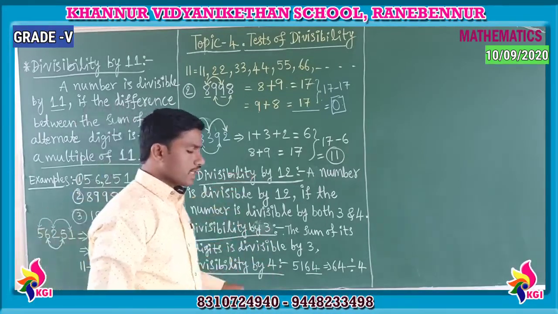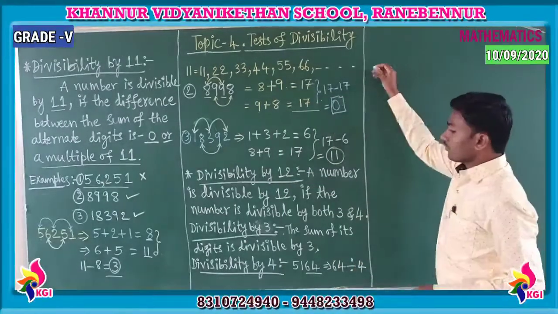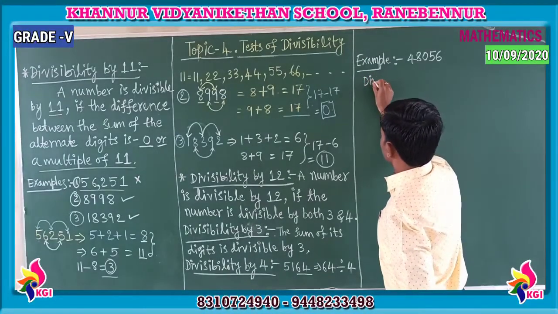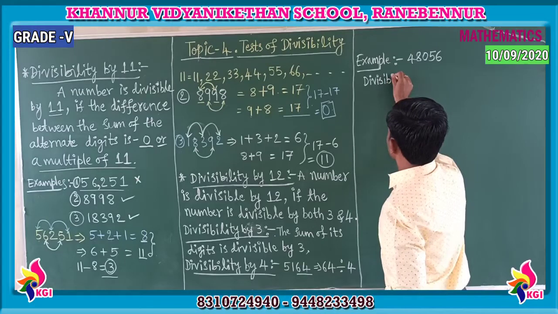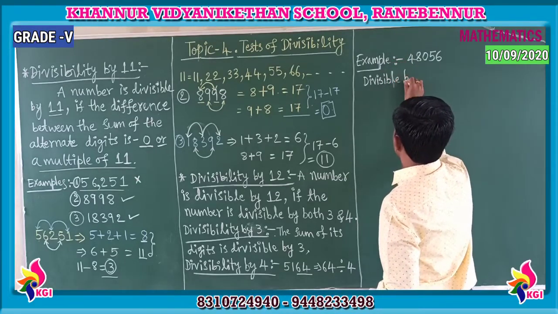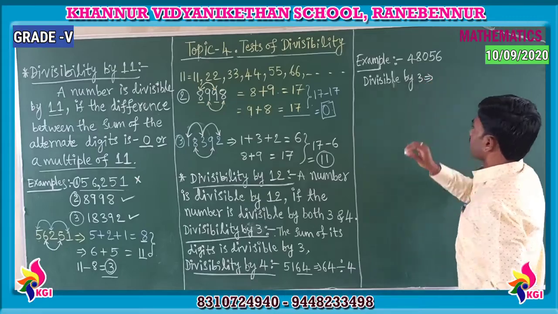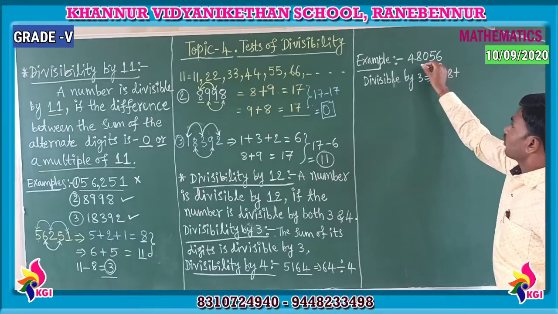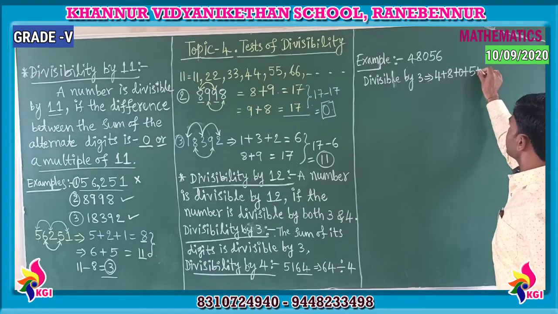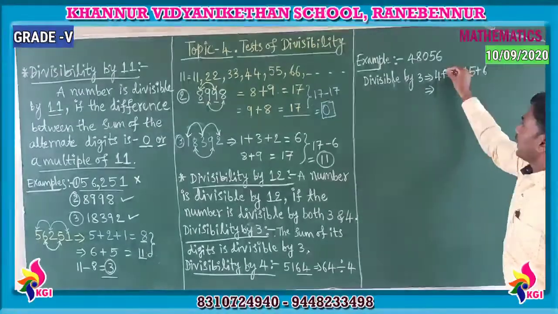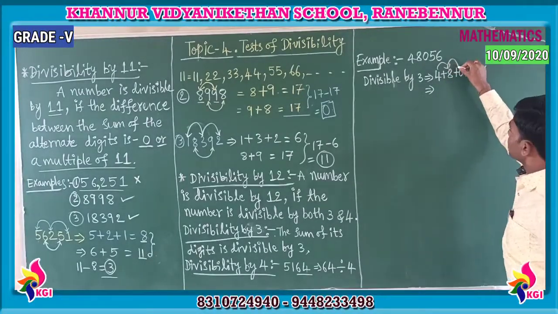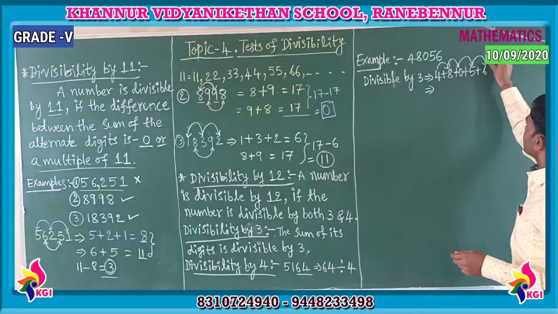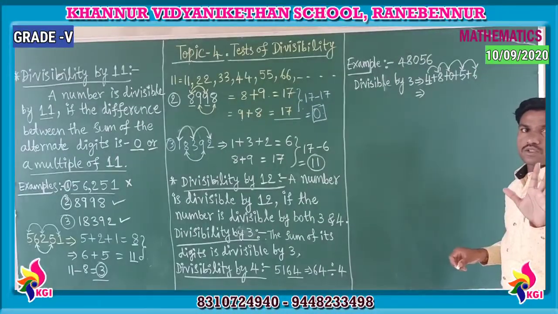Divisibility by 12 rule says this. Suppose I take one example, 48056. Using the divisibility by 3 rule, we check whether it is divisible by 3. First of all, I have to take the sum of its digits: 4 plus 8 plus 0 plus 5 plus 6. 4 plus 8 is 12, 12 plus 0 is 12, 12 plus 5 is 17, 17 plus 6 is 23.